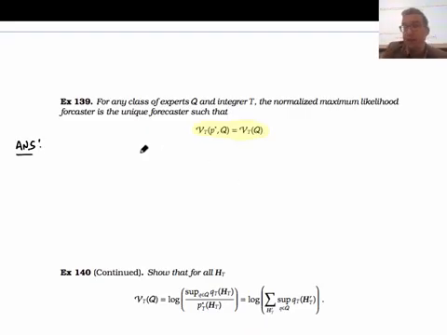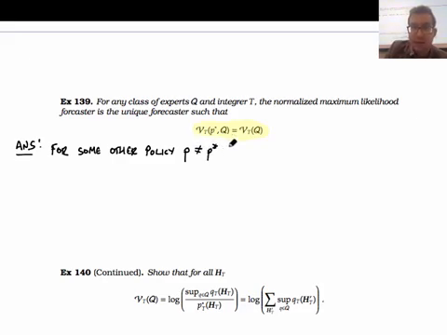So what you can do is compare it with any other prediction strategy. For some other policy P not equal to P star, well, they're not equal to each other, so there must be some eventuality which gives a lower prediction than our policy. All right?